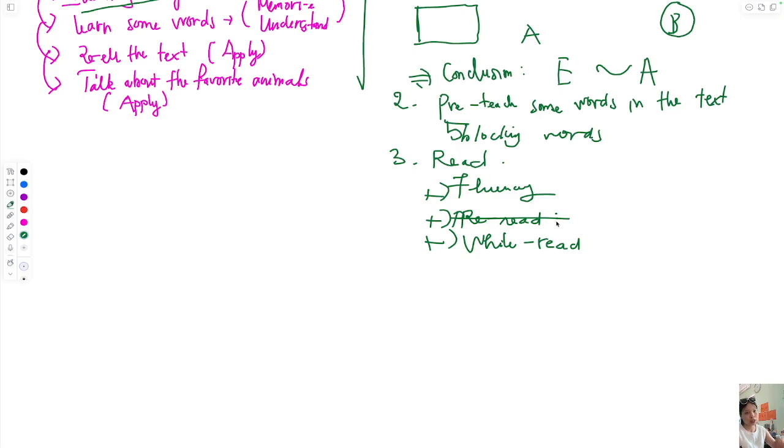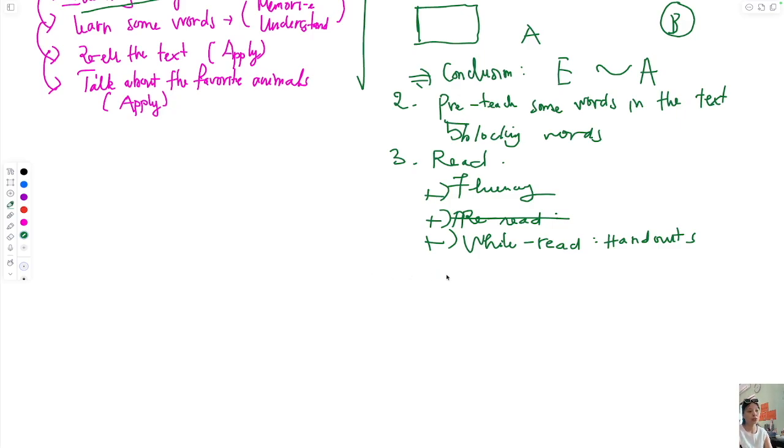Pre-read should be, let's count the number of animals together, etc. And for while-reading, I did have the handout for them to work in pairs. I did it. And post-reading, no, we haven't done it, because we had to come to number 4.